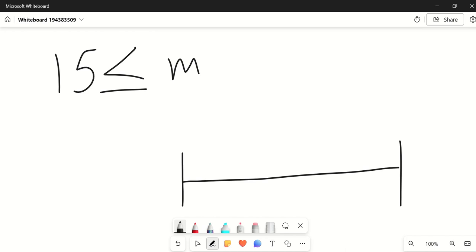What does this mean? Everybody stop. 15 is less than or equal to M. So if I were to write this with M on the left, that means M has to be greater than or equal to 15.